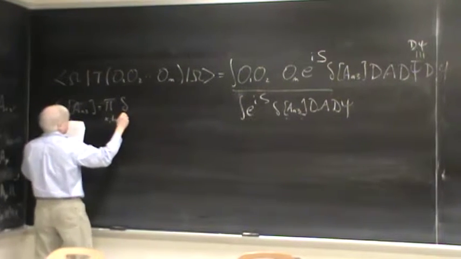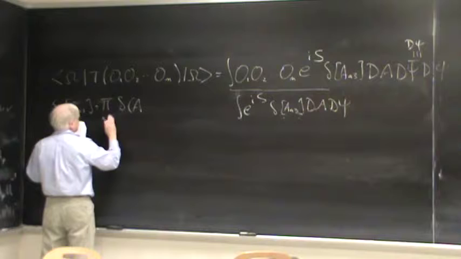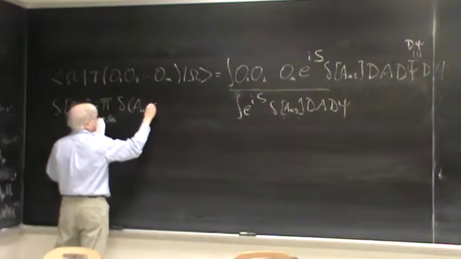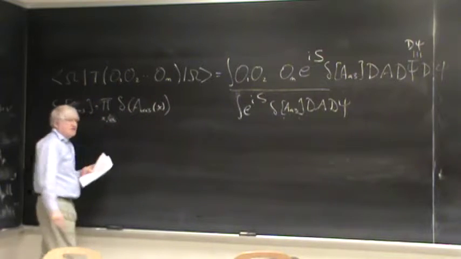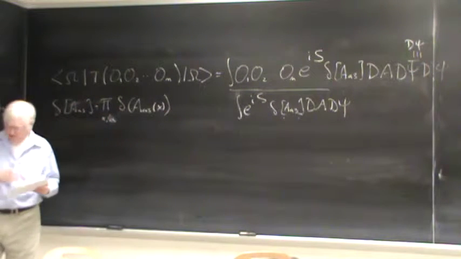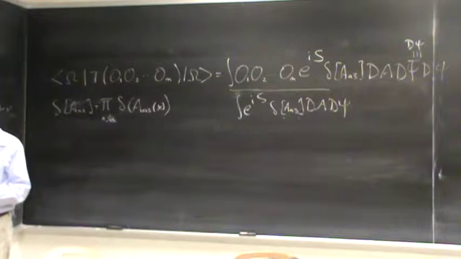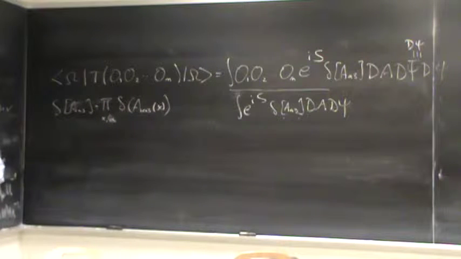That's a typo right there. So let's make that an A. So it's an infinite product of delta. So, this is our starting point.